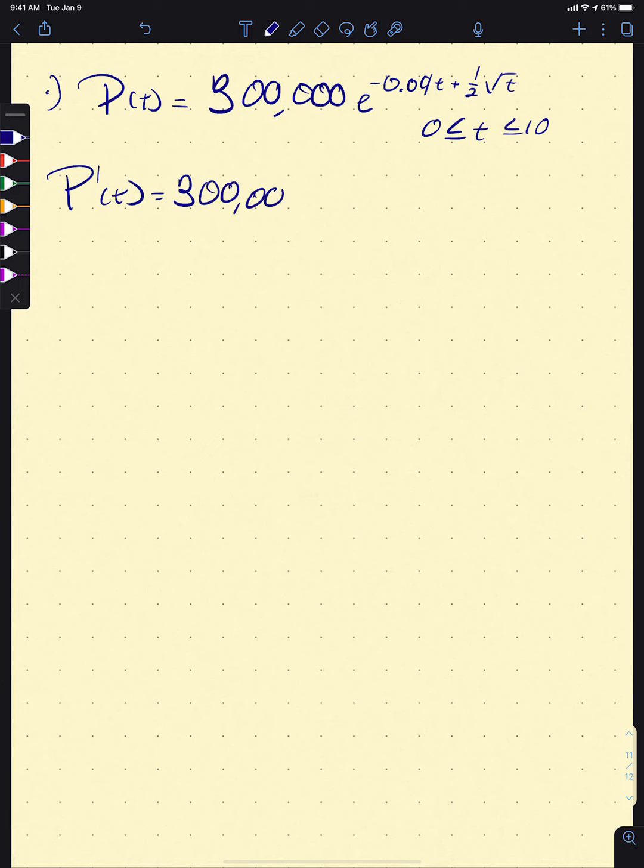Well, the 300,000 factors through. My e to the minus 0.09 t plus 1/2 square root of t doesn't change. This is multiplied by d dt of the exponent, 0.09 t plus 1/2 the square root of t.